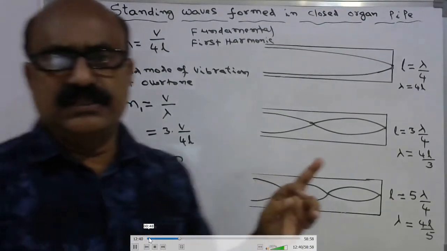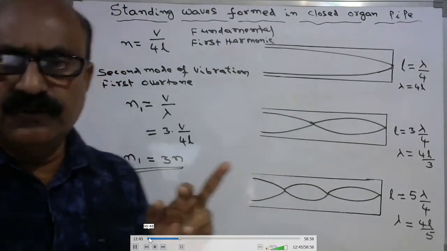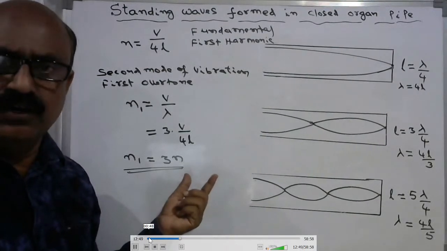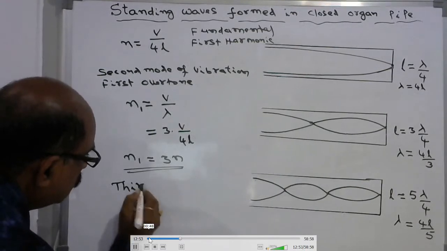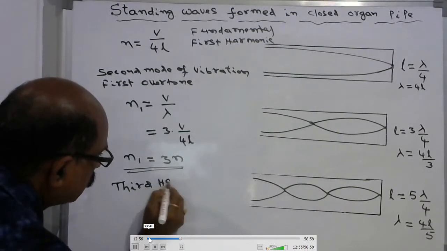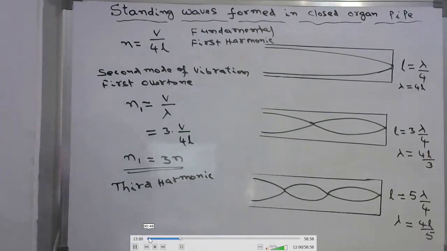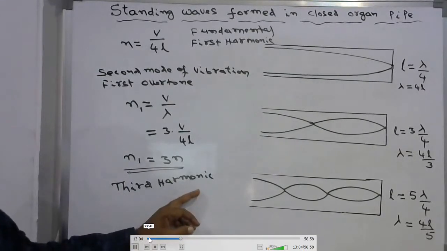This is called the frequency of the first overtone, the third harmonic. So this is first overtone or third harmonic.